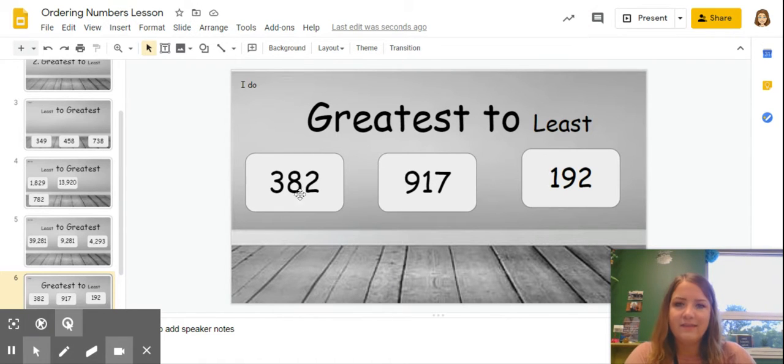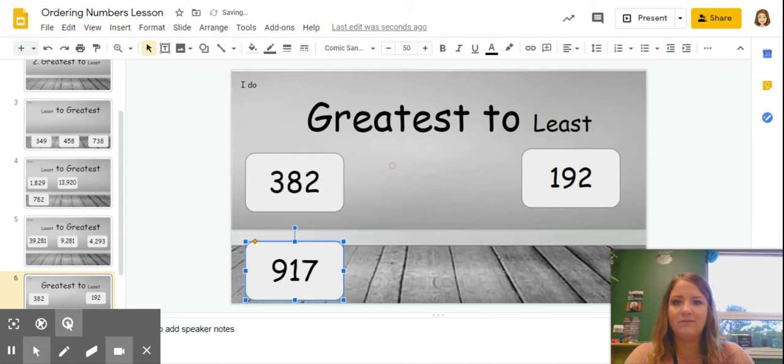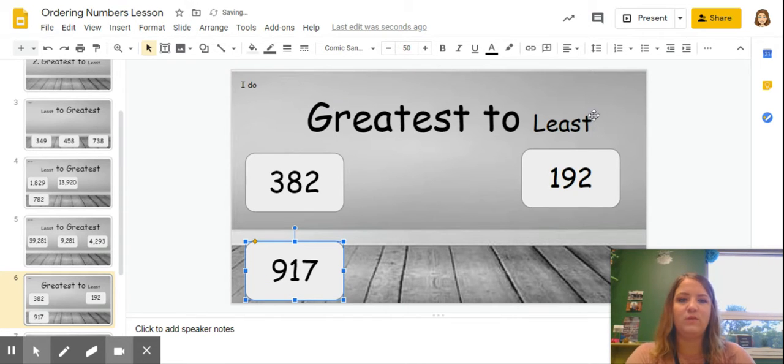All right, looking at these numbers, I see that the 9 in the hundreds place is going to be the largest. Because 900s is greater than 300s or 100s. I'm going to take 917 and move it down to the left side. That is my greatest, and we're starting with greatest, moving to least. My next greatest would be 382 because 300s is greater than 100.